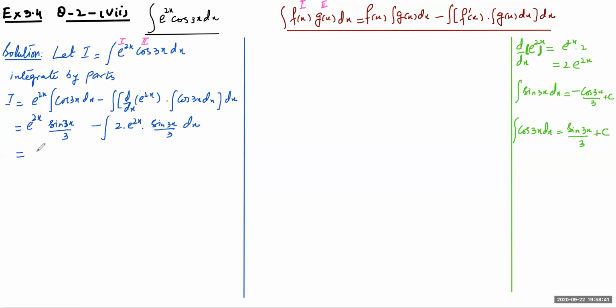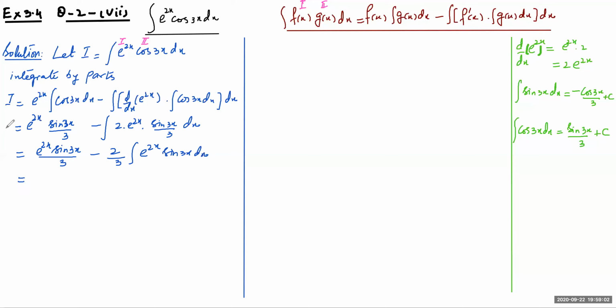So I just write all this like this: e to x sine 3x whole by 3 minus, I bring this 2 outside, I bring this by 3 outside, and inside the integral I have e to x sine 3x dx.